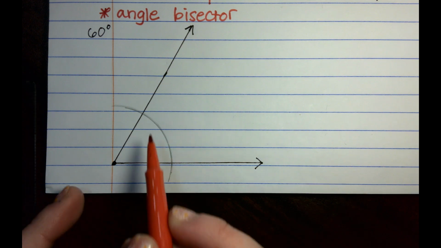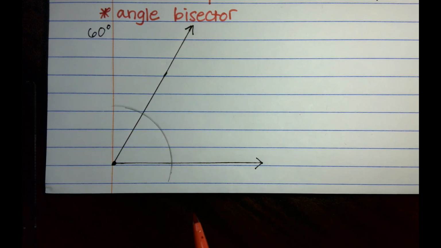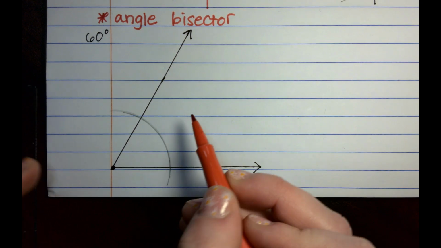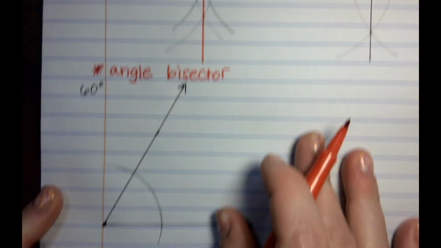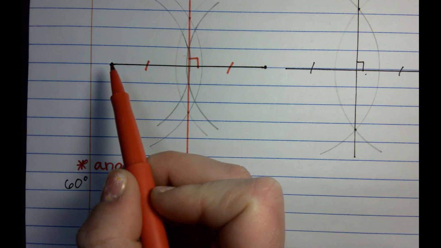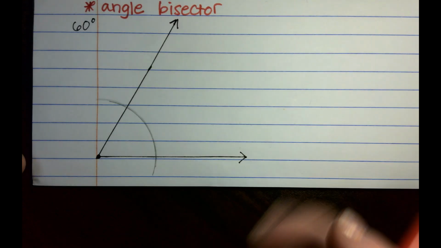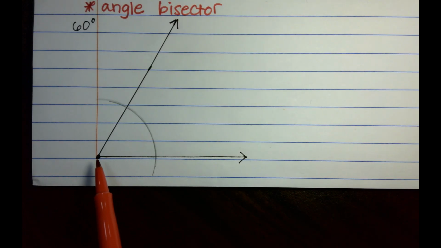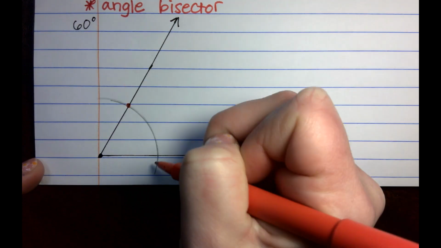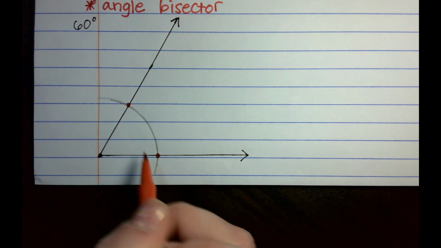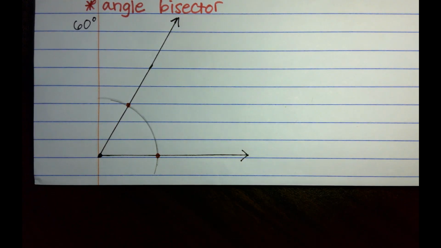Okay, so what do I do from here? Go to where it crosses on each line. Yes. Point there. So guys, just like the perpendicular bisector, we're always going from points or intersections. Same thing here. We started with the vertex or the point. Now we've got two new intersections, here and here. Those are going to be our next starting points.